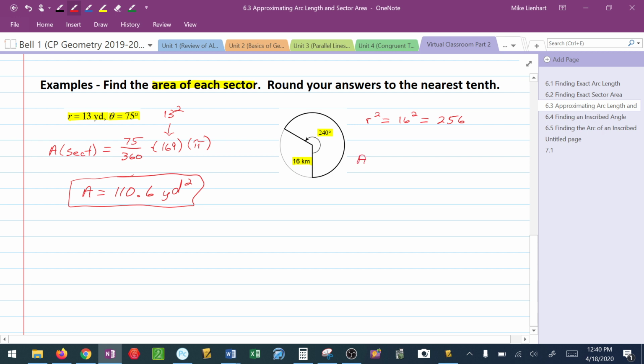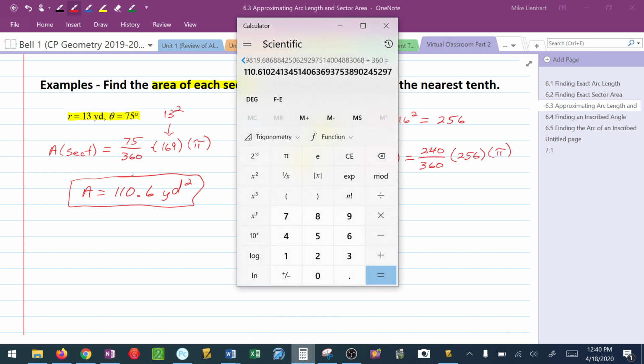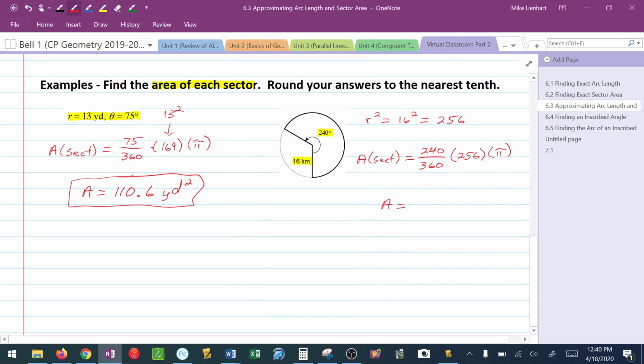So now I'm going to find the area of the sector, which is going to be 240 over 360 times 256, that's my r squared, times pi. I'm going to grab my handy dandy calculator. I have 240 times 256 times pi. I get that answer, I divide that by 360, and rounded to the nearest tenth it will be 536.2. So the area is 536.2. Label it accordingly: that would be kilometers squared.